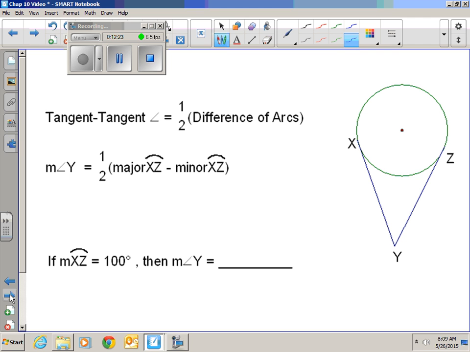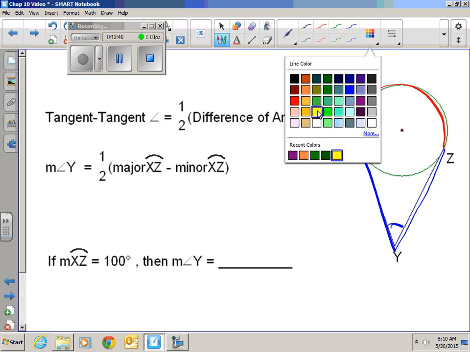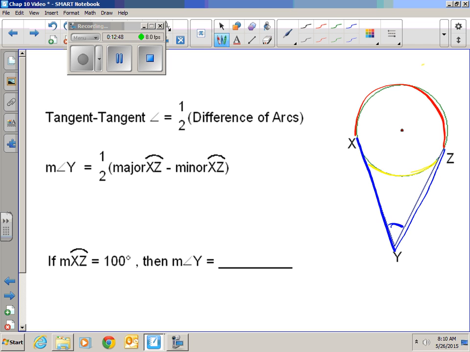And lastly, we got the tangent angle. This angle at y is a tangent angle, because that's a tangent, and so is this guy. That angle is equal to half the difference of the arcs. That arc, and I gotta get a different color, we'll do it in yellow. This arc right here, the difference of those arcs.